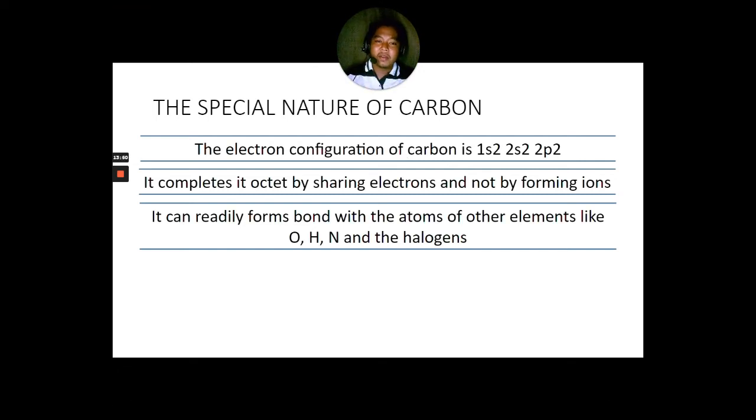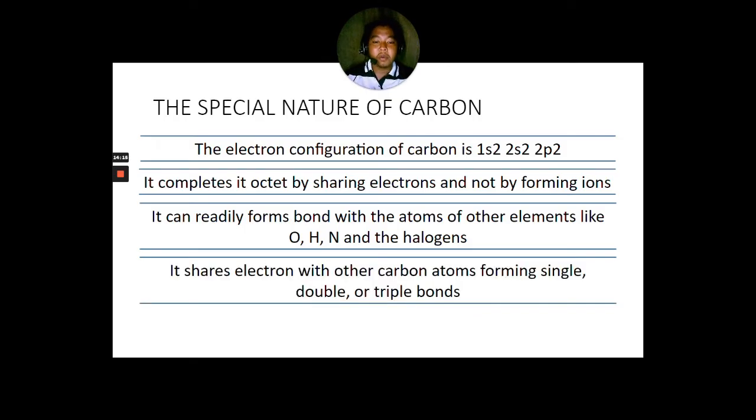And remember, an element is unique already, but when it can produce another substance through sharing or giving or receiving of electrons, it's very valuable. And note that carbon shares electrons, and it can readily form bonds not just with oxygen, hydrogen, nitrogen, and the halogens, but with other carbon as well, with single, double, or triple bonds.